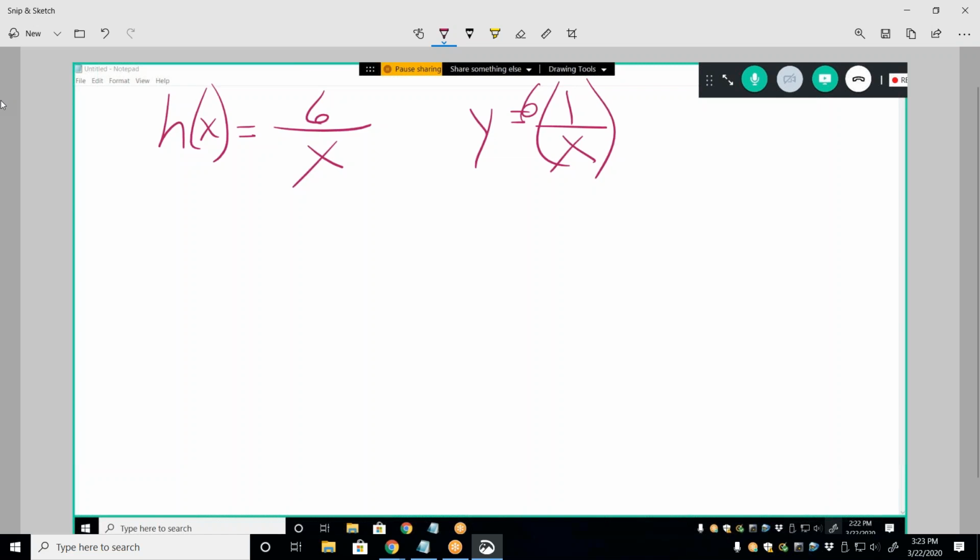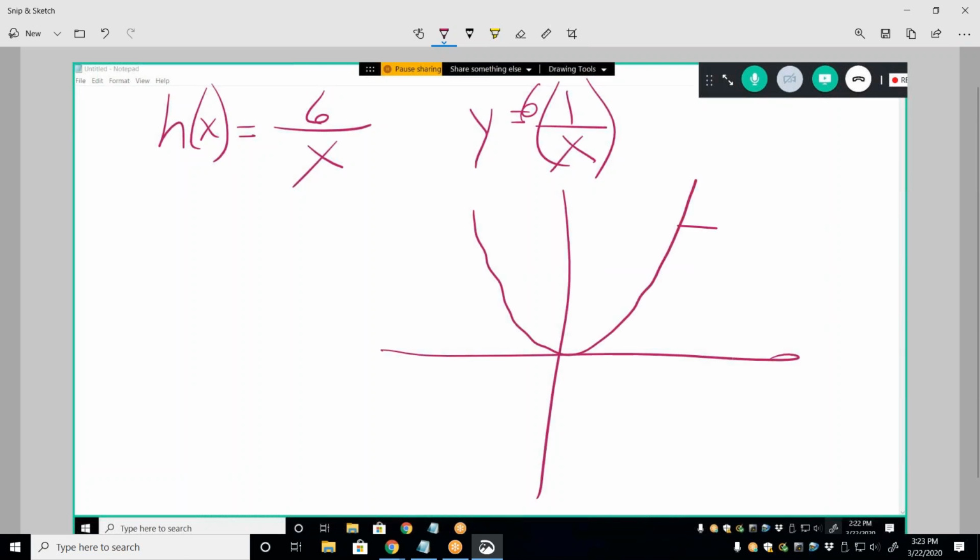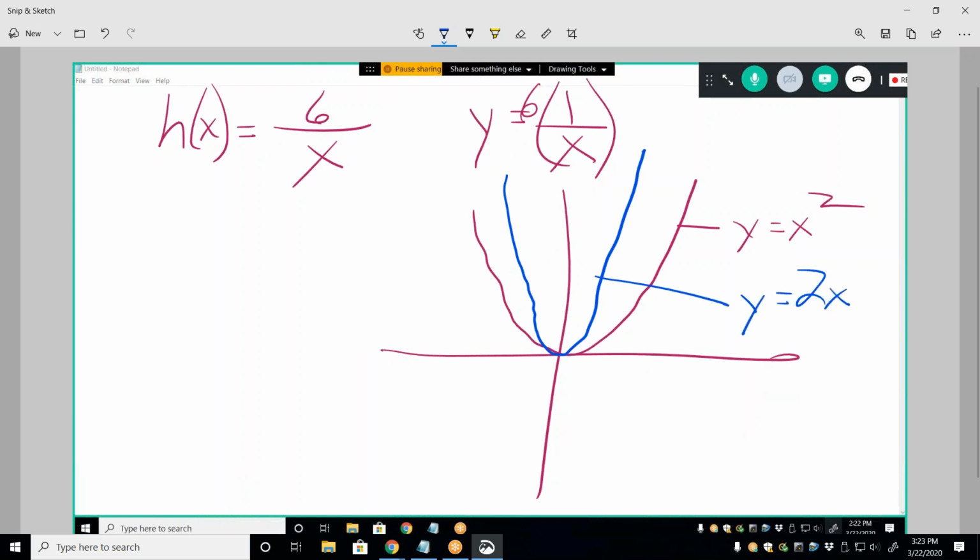In other words, let me give you an explanation of that using an easier function. That's y equals x squared, right? Yes. In blue, I draw this one. That is y equals 2x squared. So you have a vertical stretch factor, right?